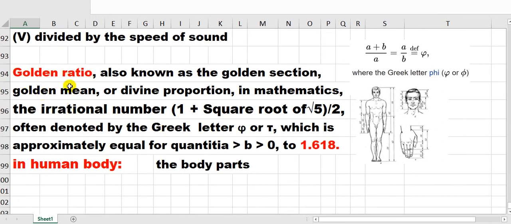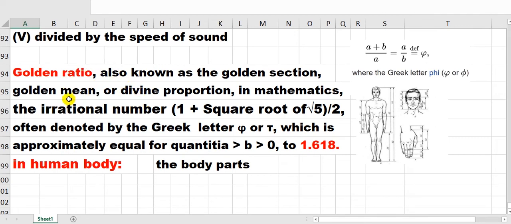The last one, the golden ratio. The golden ratio, known as the golden section or golden mean.